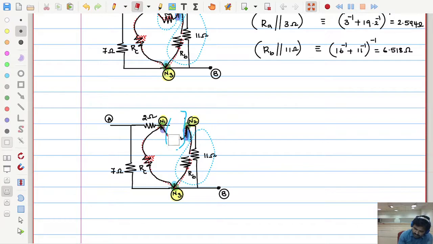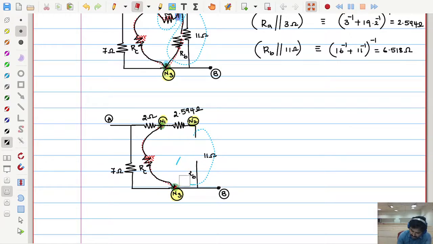Now let us remove these 2 resistors and connect one resistor in between. How much is that? 2.594 ohms. And let us remove these 2 resistors also and replace them with one resistor. How much is this? 6.518 ohms.